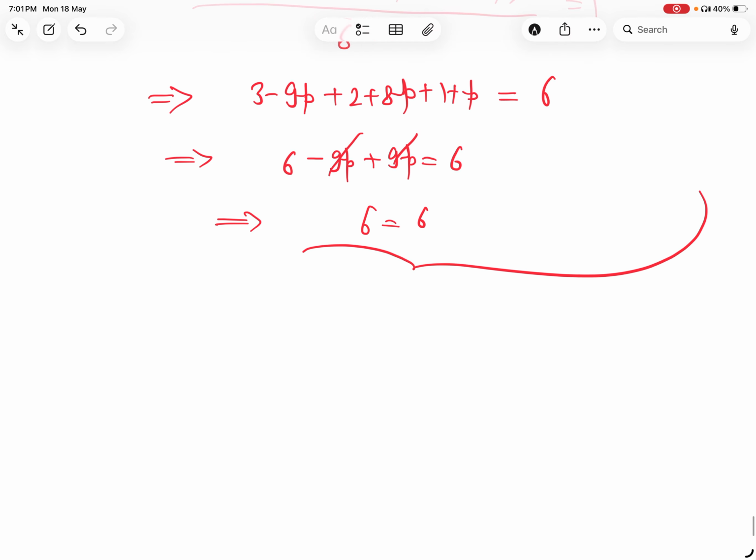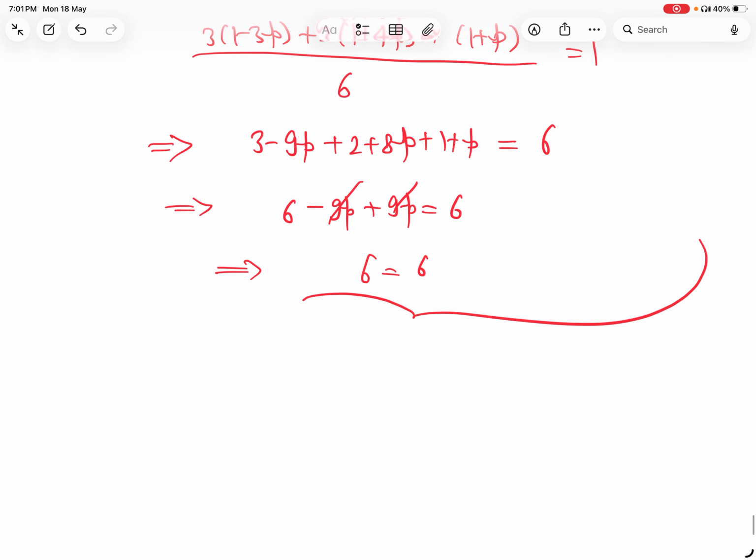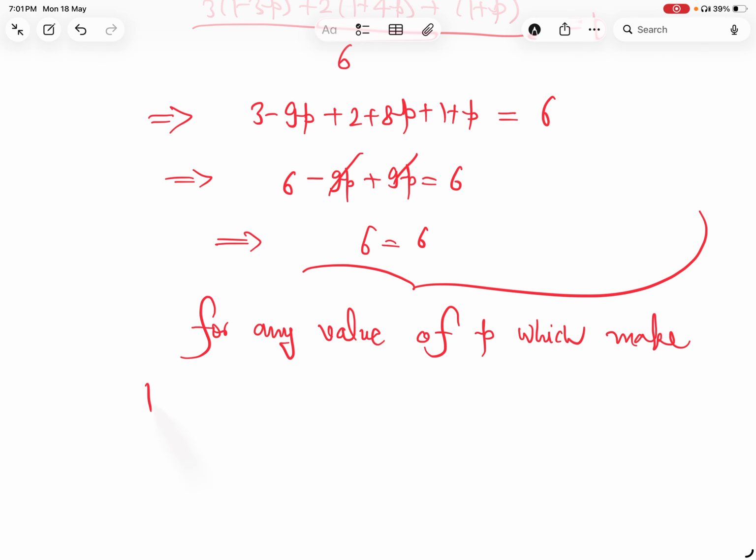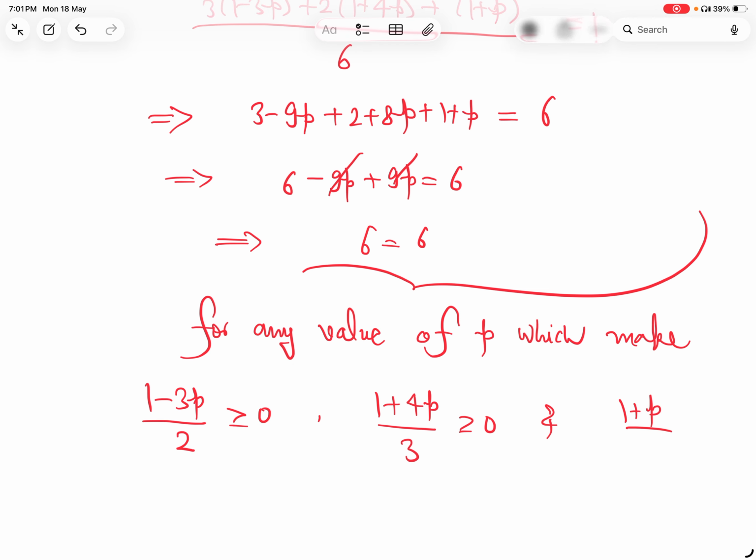What does it mean? It means for any value of p which makes 1 minus 3p upon 2 non-negative, 1 plus 4p by 3 non-negative, and 1 plus p by 6 non-negative.